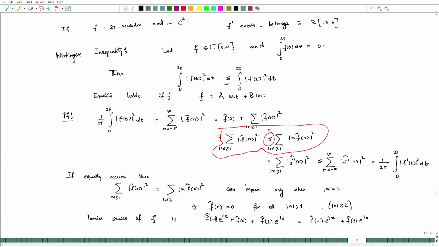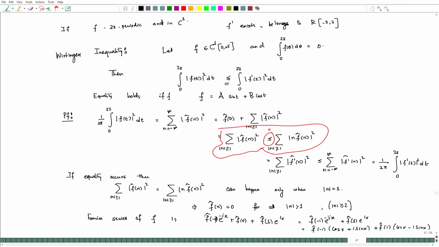Just using the Euler identity, we will get that this is equal to f hat of minus 1 times cos x plus i sin x, plus f hat of 1 times cos x minus i sin x.